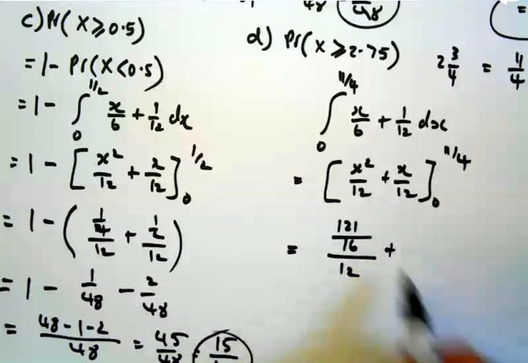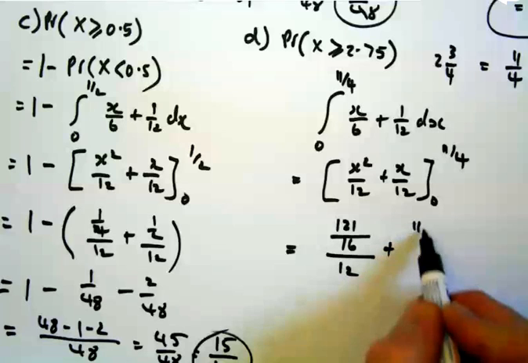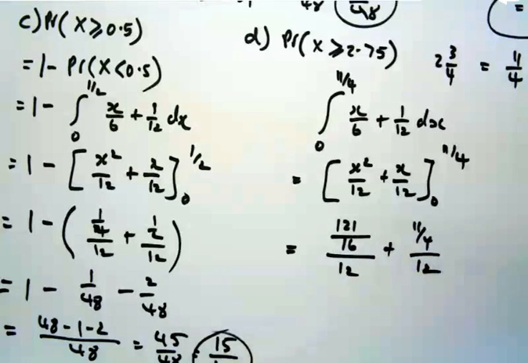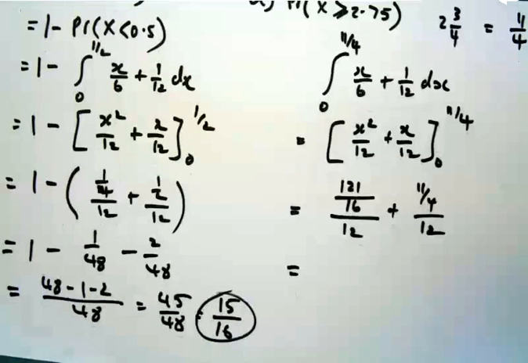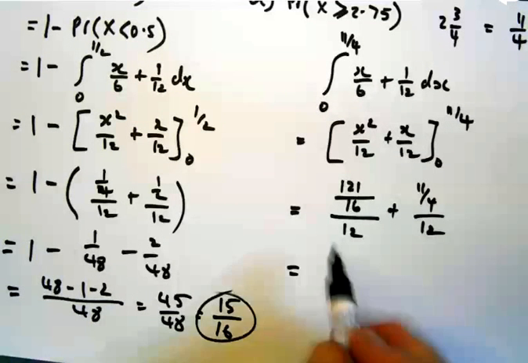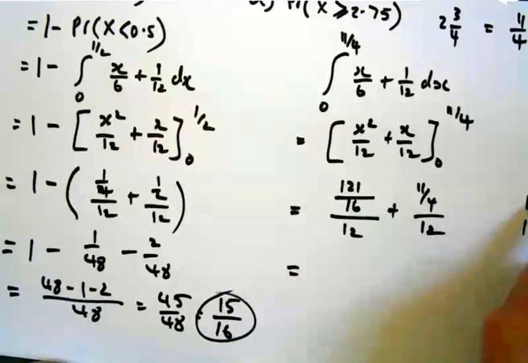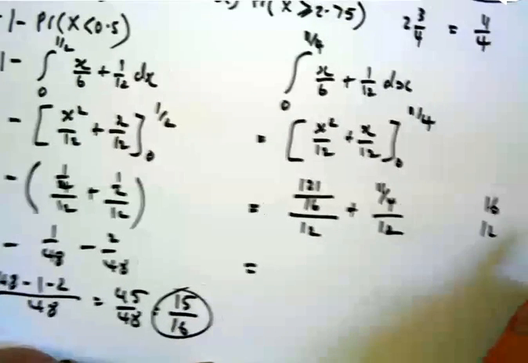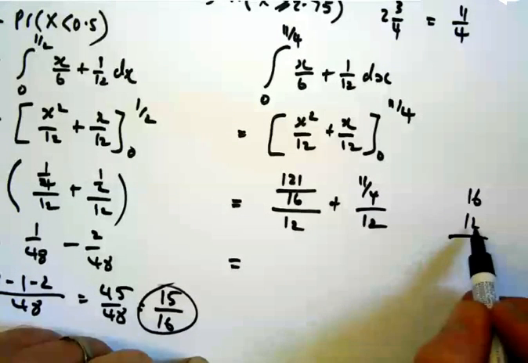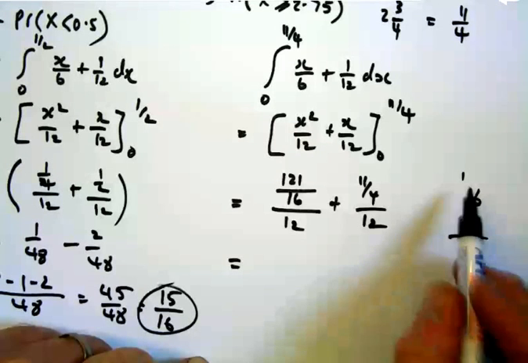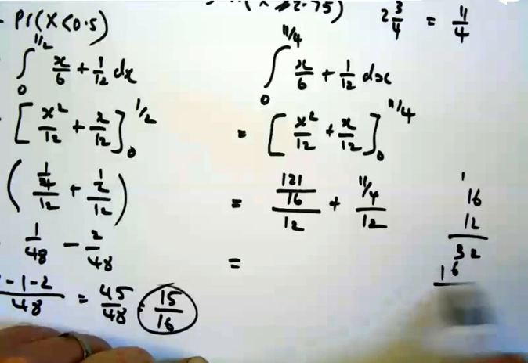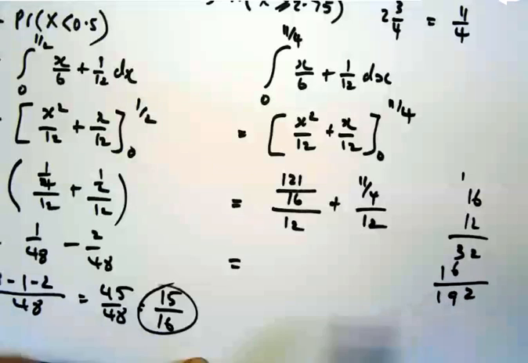plus 11 on 4 on 12, which is going to equal, 12 times 16 is going to equal 192.